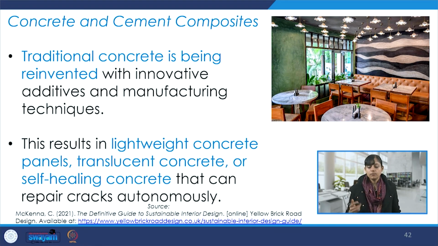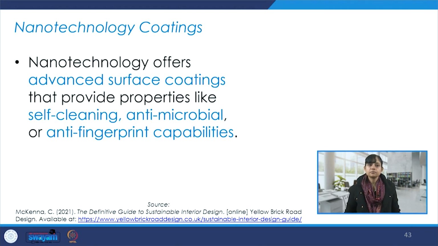Concrete and cement composites, we discuss these kinds of materials and how they are being used in interior spaces with some kind of experimentation and reinventing certain traditional materials and giving it a new sort of an application.